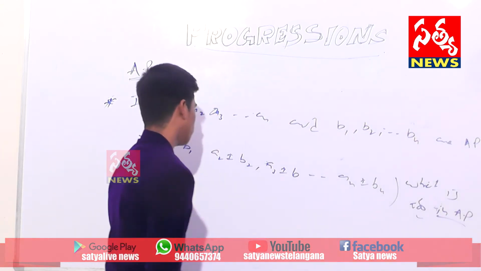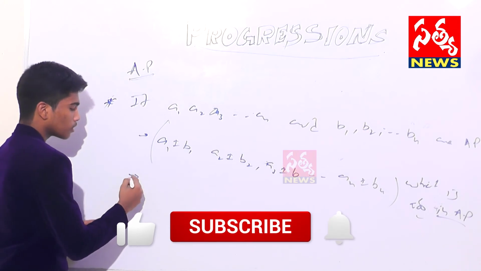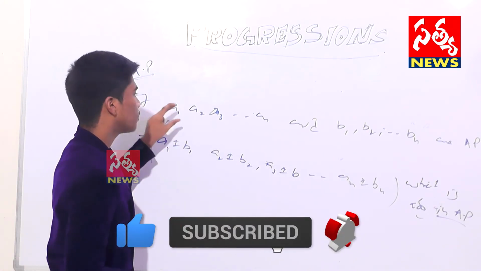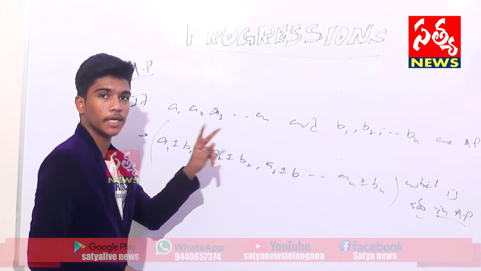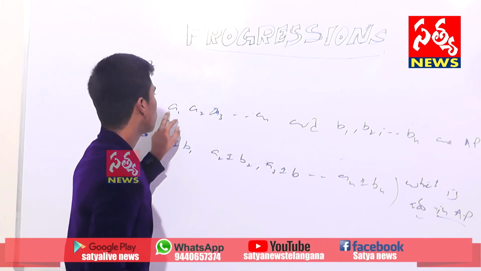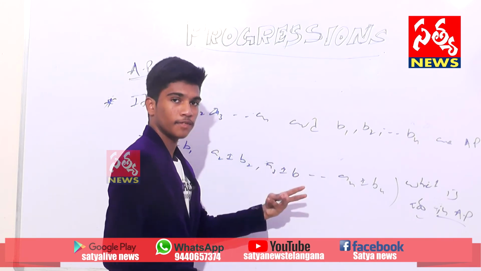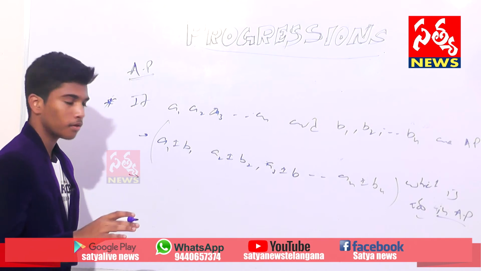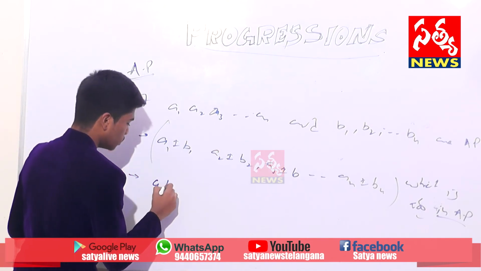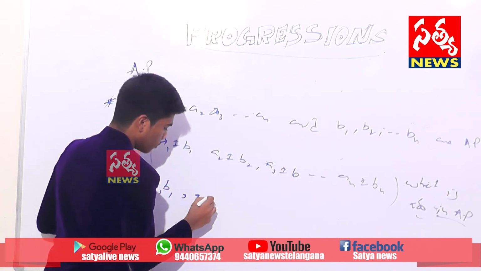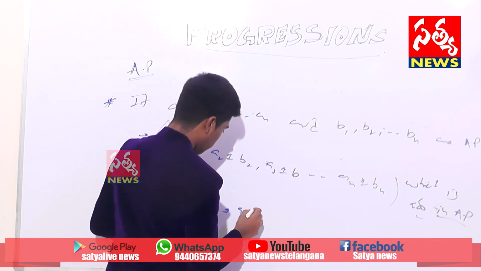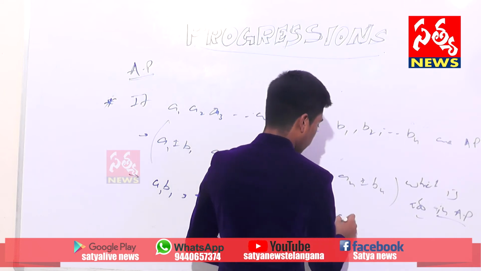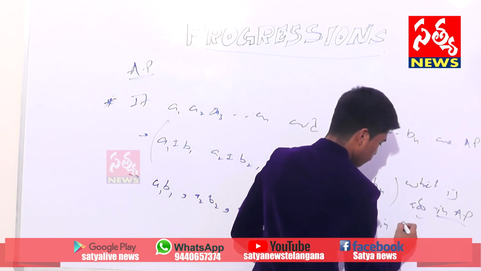This is also in AP, remember. But the multiplication or division of two APs term by term, that means first term to first term, second term to second term, is not in AP. That is, a1 into b1, a2 into b2, a3 into b3, so on, an into bn are not in AP. Remember.